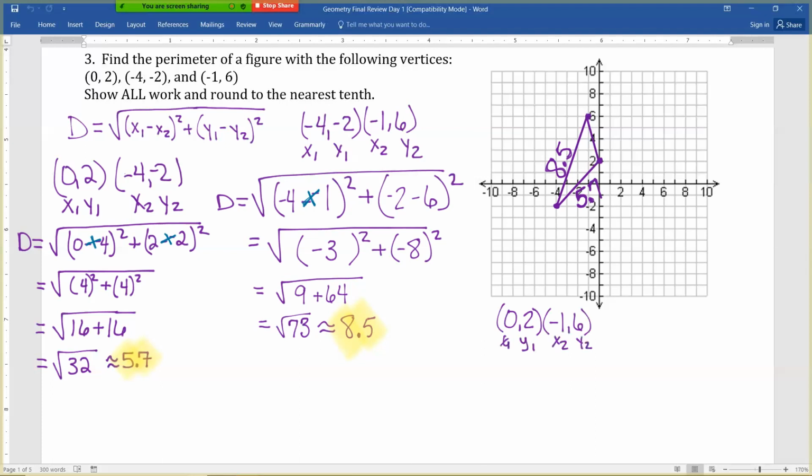So label them x1, y1, x2, y2. And then again, we're following the same process. Plug into our distance formula.